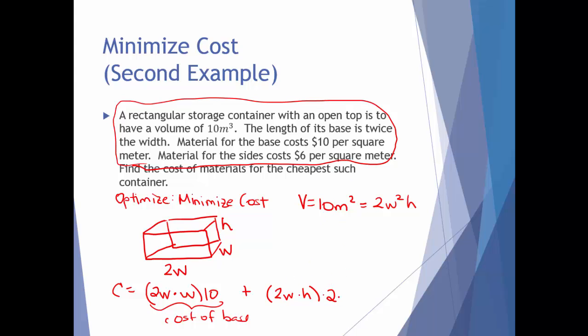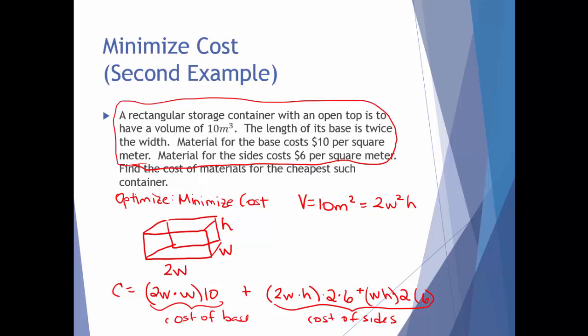And then the cost for that is $6 per square meter. So that's going to give me the cost of the front and the back. And then for the sides, the surface area is WH. There are two of those as well, one on the left and one on the right. And then times its cost, which is also 6. This is the cost of all sides.